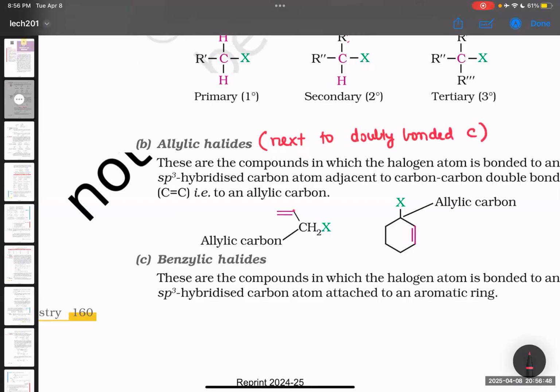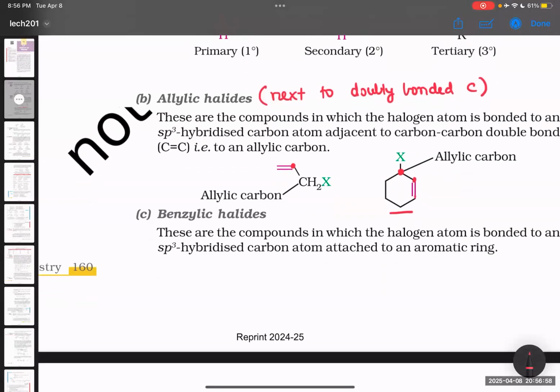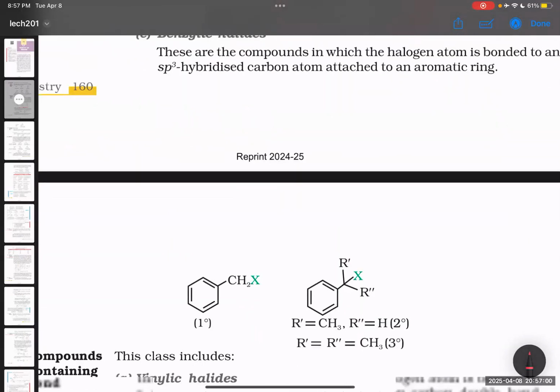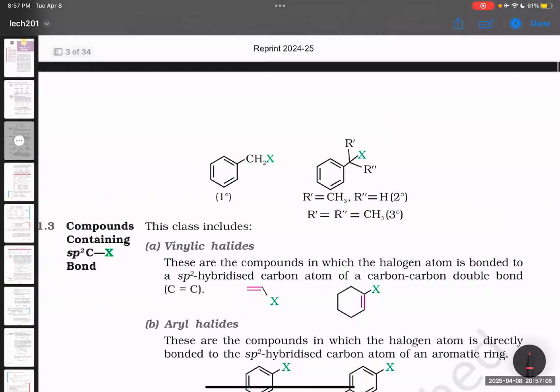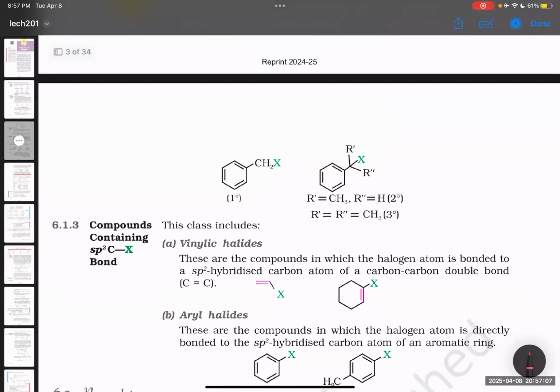This is the doubly bonded carbon atom, and the carbon next to it is allylic. This is also allylic, next to a doubly bonded carbon atom. But this is not benzene. Okay. And then you have benzylic. Benzylic is next to the aryl carbon atom. That we have seen. Okay.